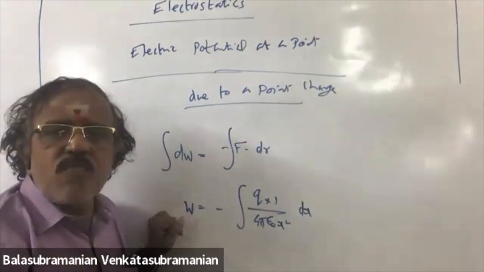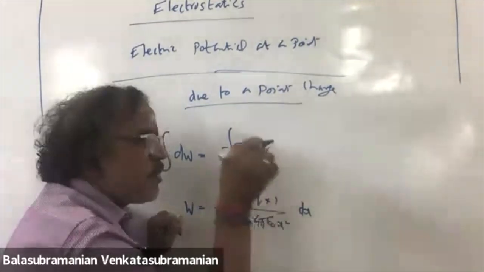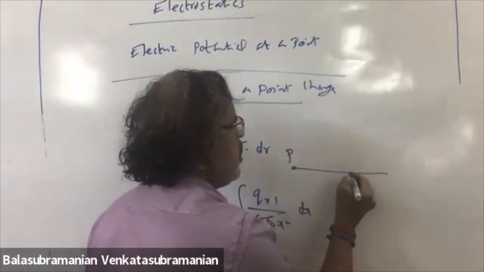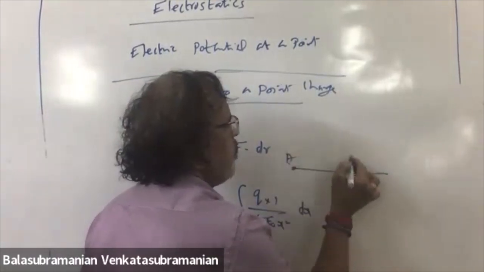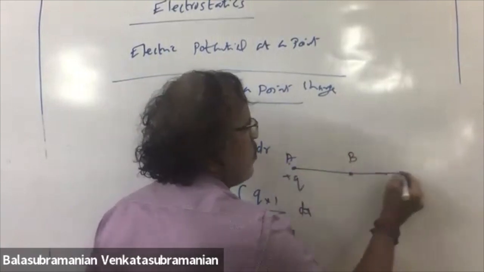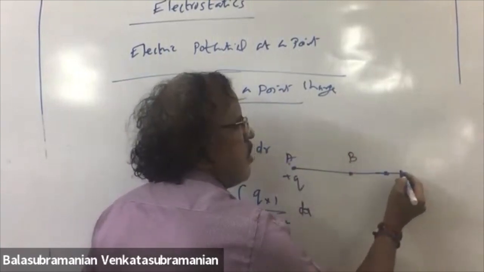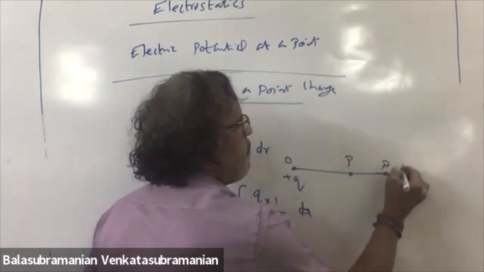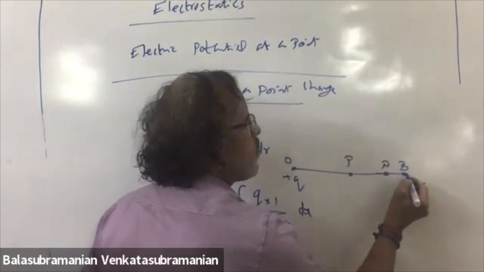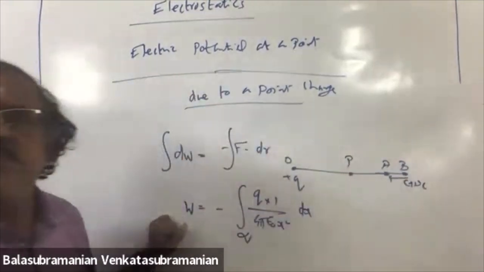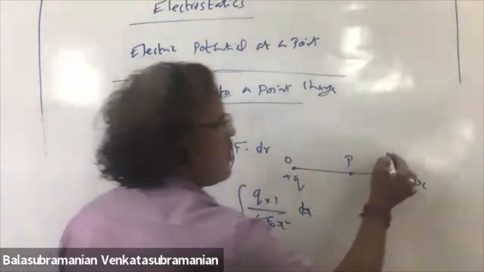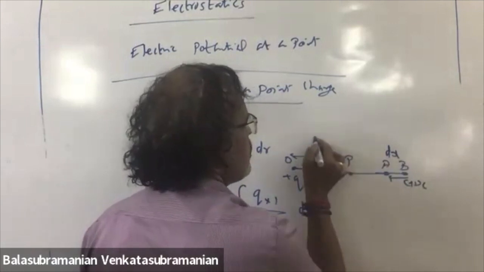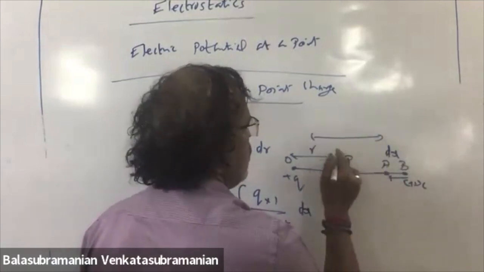From where to where are you moving? Infinity to that particular point. Point B, point A, point B. Here you have plus Q. Plus 1 coulomb from B to A I am moving. Dx. This is R. From the center, this distance is x.